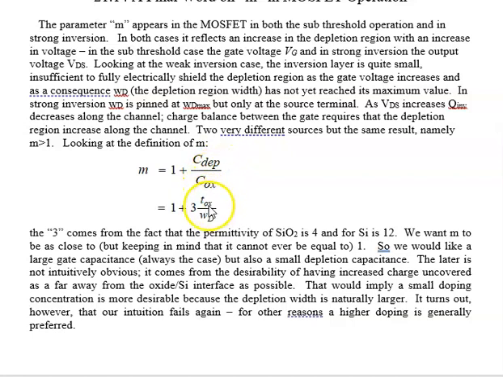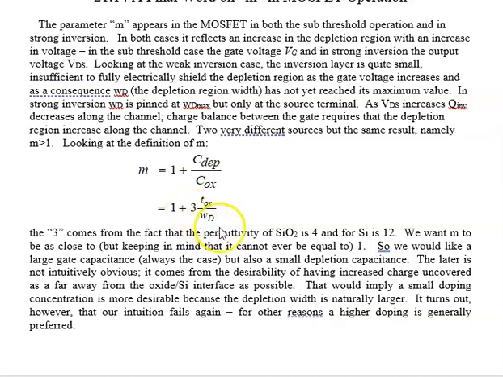So we have the oxide thickness divided by the depletion width thickness. The 3 comes because we have to include the permittivities, and the permittivity of SiO2 is 1/3 of that for silicon, and that's why the 3 appears here.